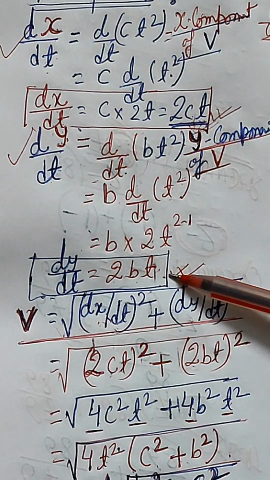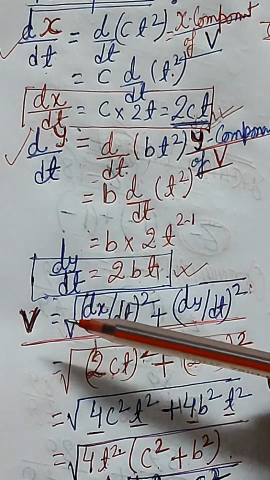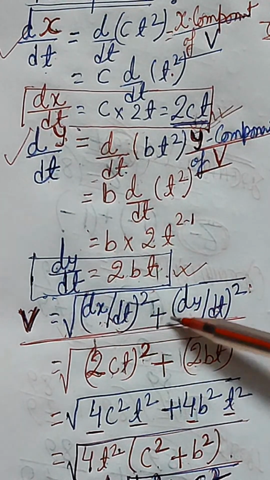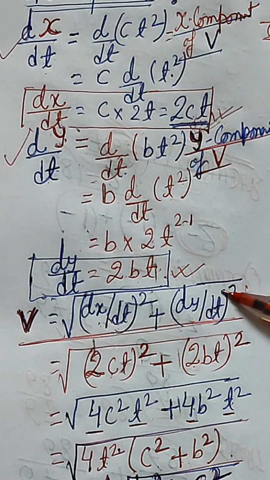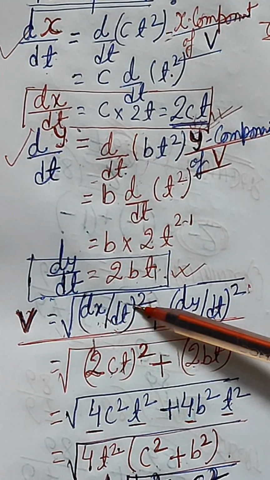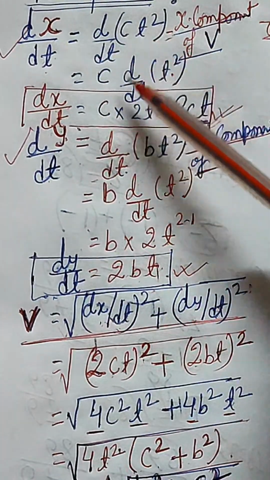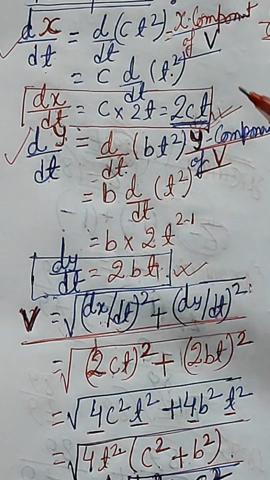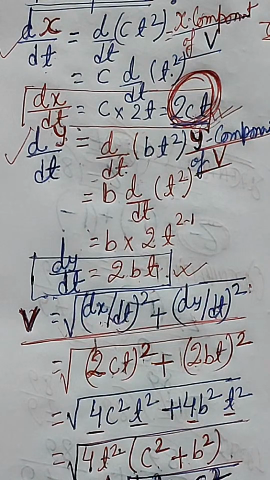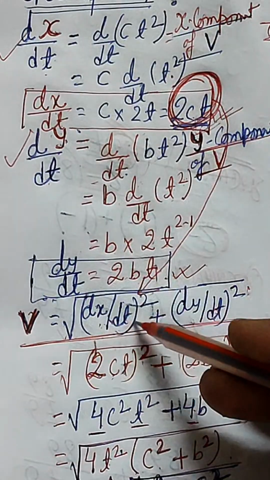Here you can see. And to calculate the speed of the body, what we did, root over of dx by dt whole square plus dy by dt whole square, and just simply put up the value of dx by dt and take a square of that. So dx by dt is basically, we derive it as 2 times ct. So this 2 times ct we put over here, in place of dx by dt.